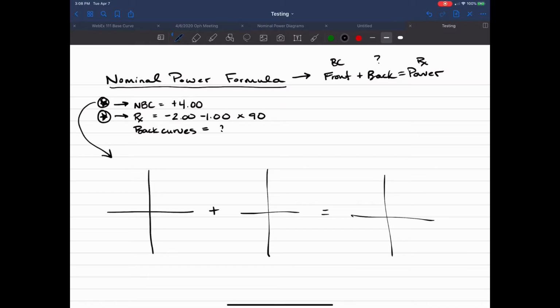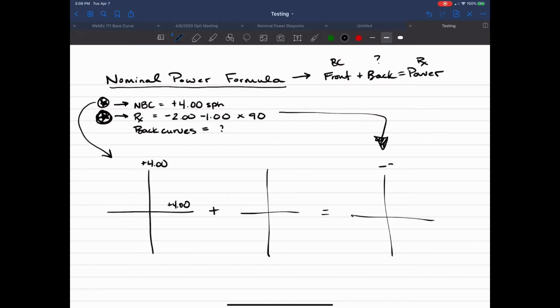We're given our nominal power, so that's our front curve, which is a +4. And that is a sphere power. There's only one curve there, so this other meridian is also +4. We're also given the RX, and we're going to need to put that on this final lens cross power here.